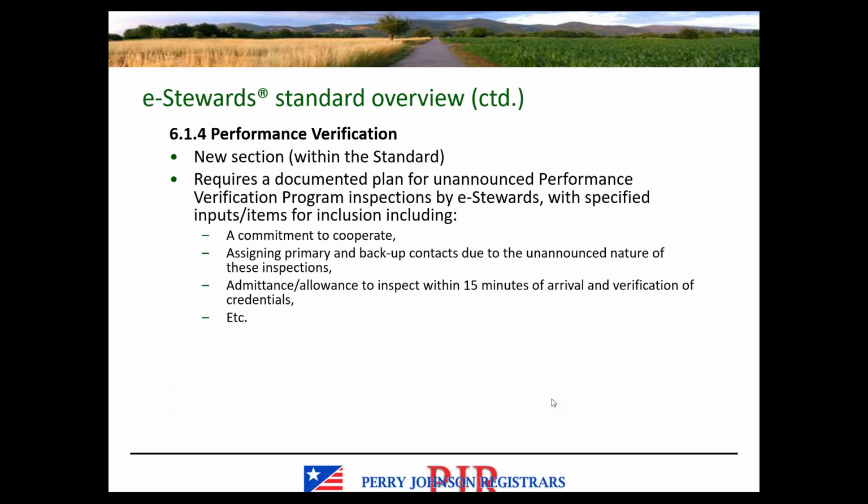6.1.4 covers performance verification. This is a new section, at least within the body of the standard. It's not a new requirement, but now it is found within the standard itself.